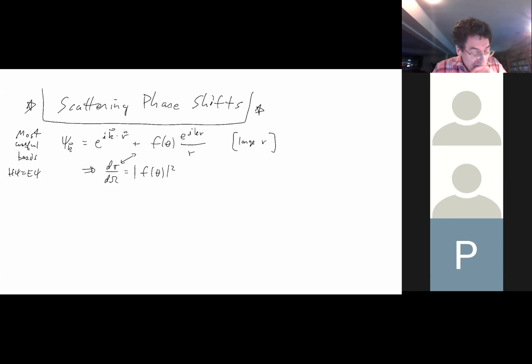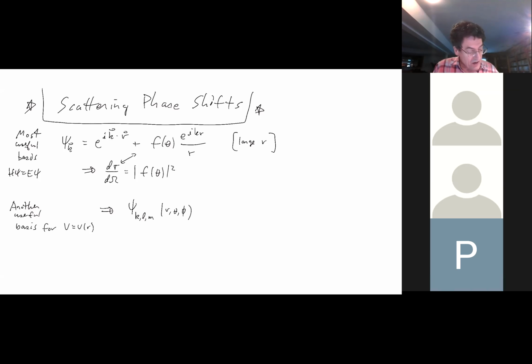But it turns out that there's another useful basis, the basis that has rotational symmetry. This is useful when we have a potential that is spherically symmetric, that only depends on the radius r, in which case the quantum numbers are k, l, and m in spherical coordinates.